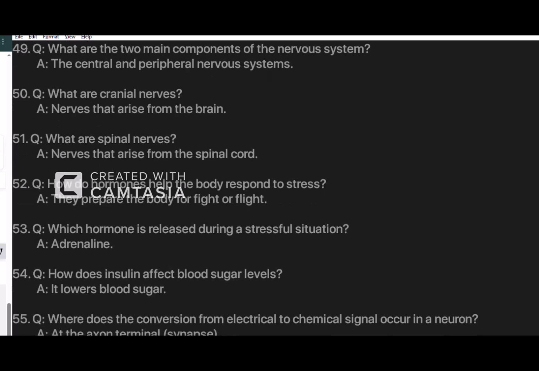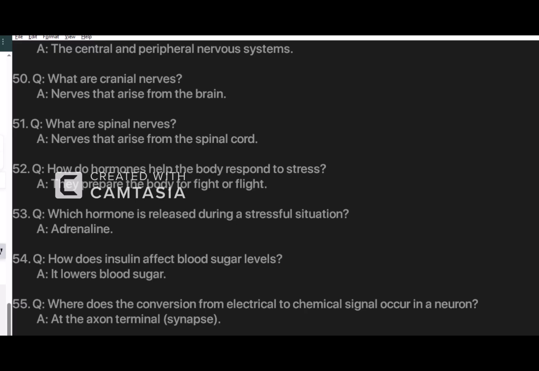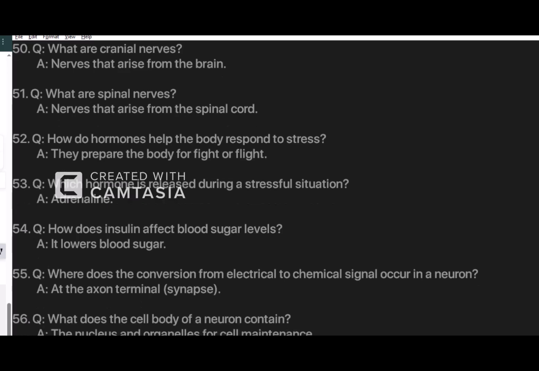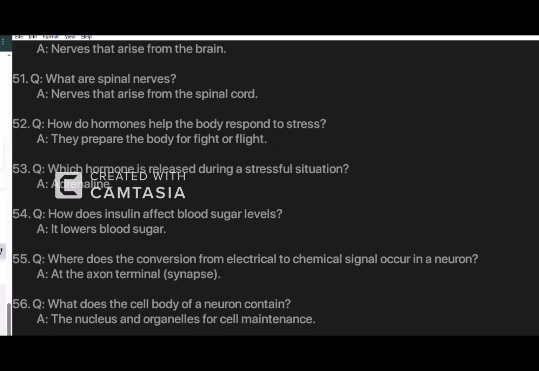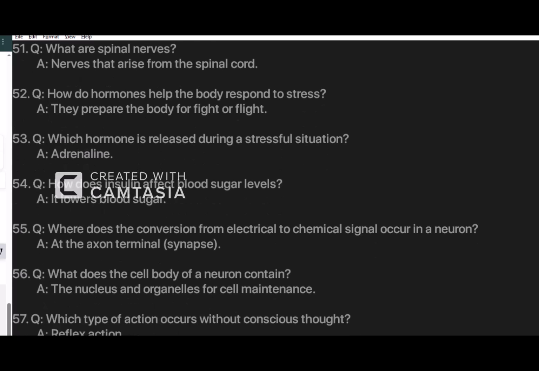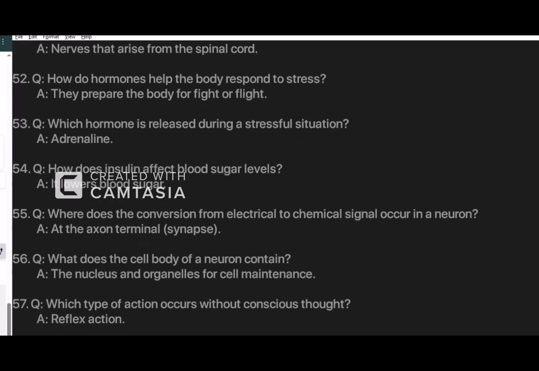A. At the axon terminal, synapse. 56. Q. What does the cell body of a neuron contain? A. The nucleus and organelles for cell maintenance. 57. Q. Which type of action occurs without conscious thought? A. Reflex action.